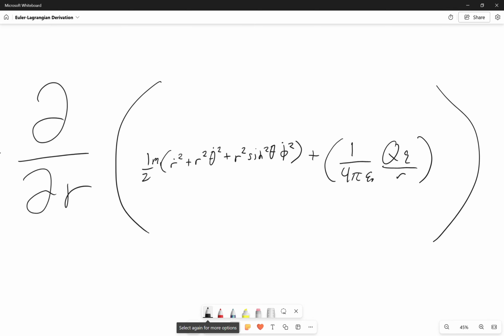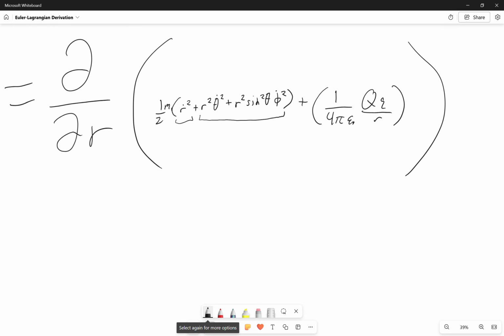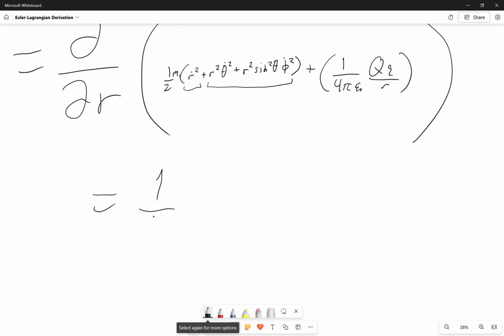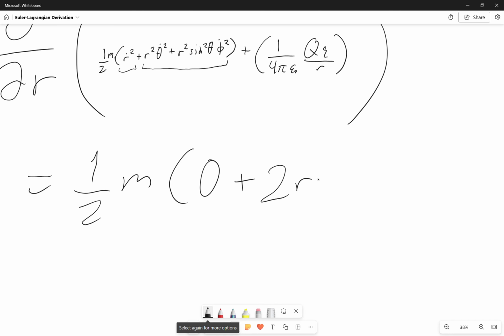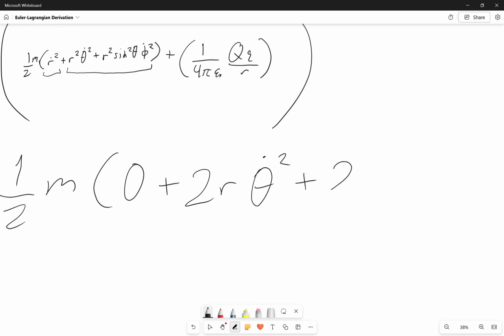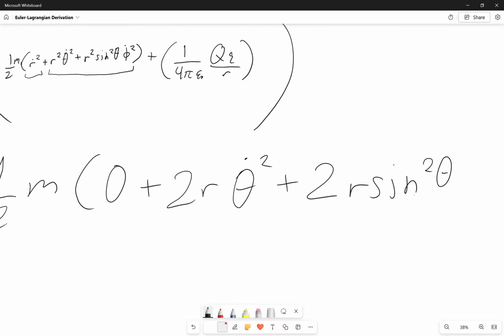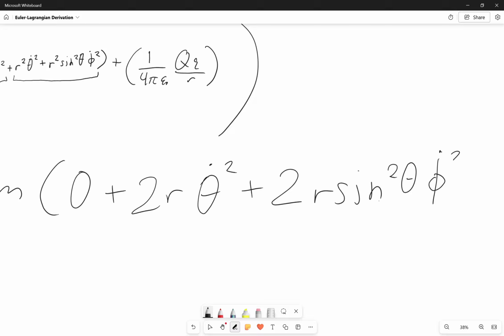This part is going to be a little tricky because while r dot right here will cancel, we do have r variables right here. So the partial derivative will be half times m times 0 plus 2r theta dot squared plus 2r sine of theta squared phi dot squared.